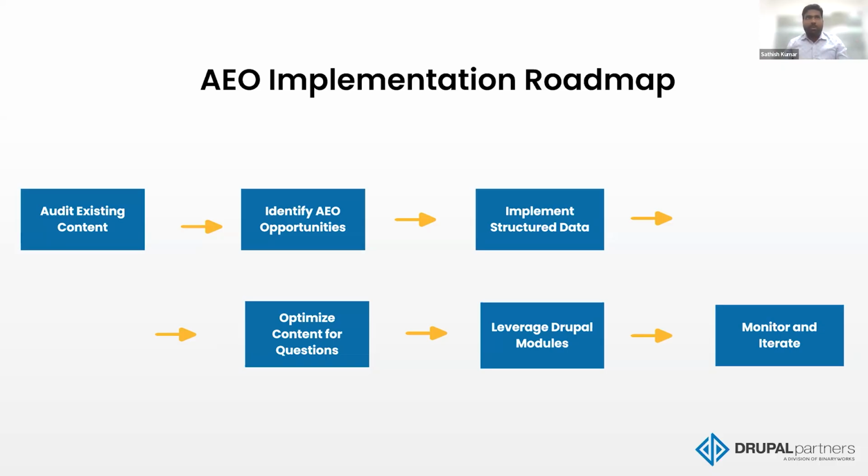For example, if you are a university: how to get funding or scholarships, or how to fill out my application. Those are possible questions people would be asking. Try to create content around that and feed it to the system. And whenever you're feeding, implement the structured data and optimize that content properly.